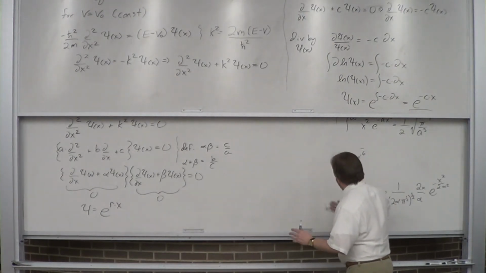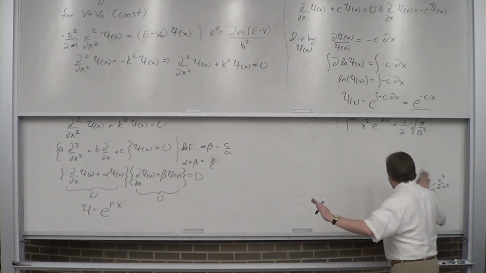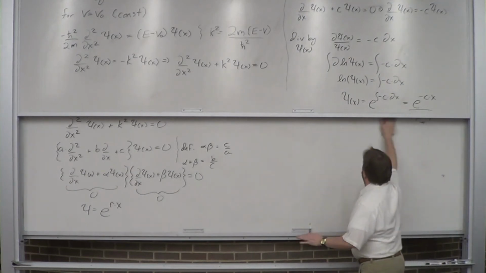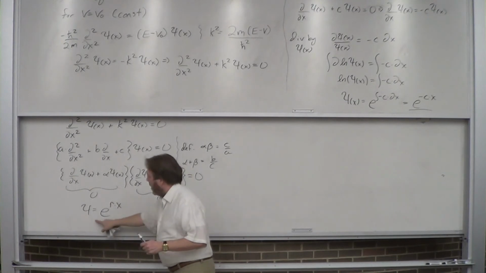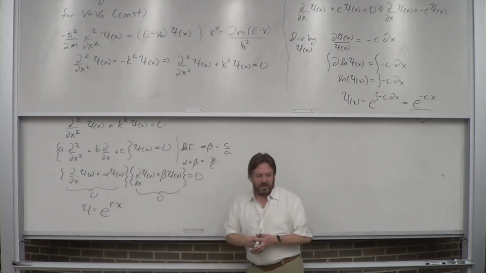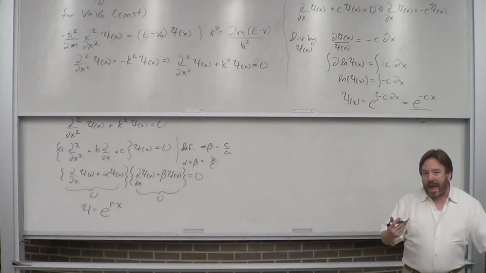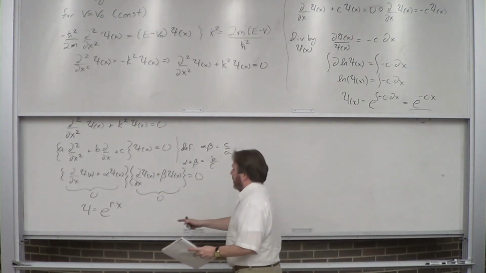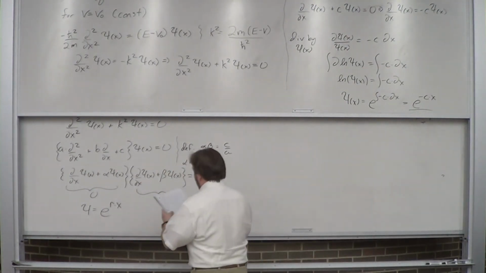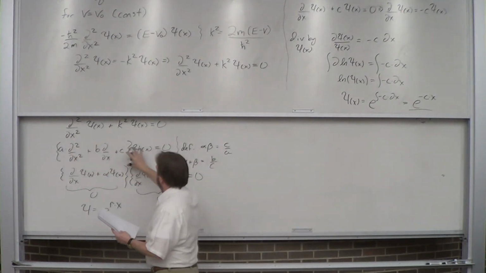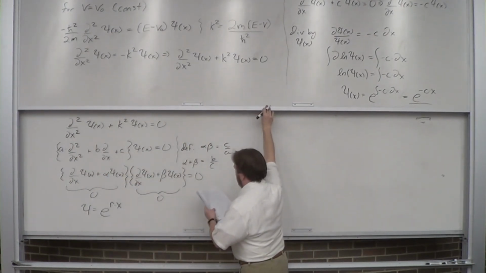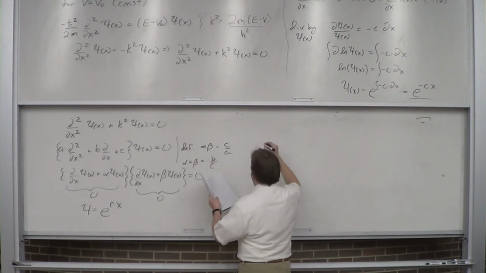Here's what I'm going to do with this. Now, this is not part of the solution, kind of. This was to show you what I'm going to try to see what the wave function looks like. Now I'm going to actually try to solve it, and I'm going to solve it with this. And you're going to see why I use the letter R. Okay, let's go back here. And I'm going to put that in, e to the rx times the wave function.